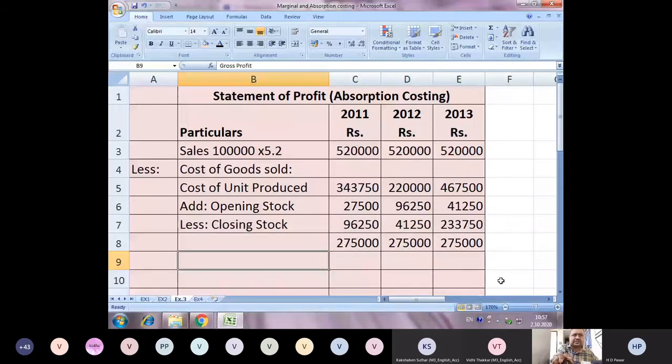Now sales minus cost of goods sold, the answer you have is known as gross profit, at the total cost, absorption cost.